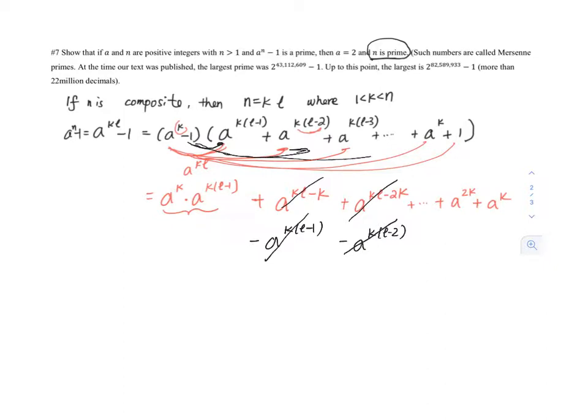The very second to last one is minus a to the k, and the very last one is minus 1. So all these can be cancelled. Actually, you're left with this term and this term. Let's take a look at this term. This term is equal to a to the k plus kl minus k, which is a to the kl. That's why this can be factored as that.